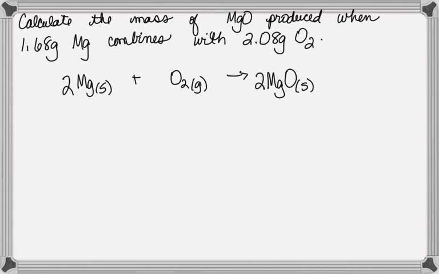So calculate the mass. How many grams of magnesium oxide will I make when 1.68 grams of magnesium combines with 2.08 grams of oxygen?